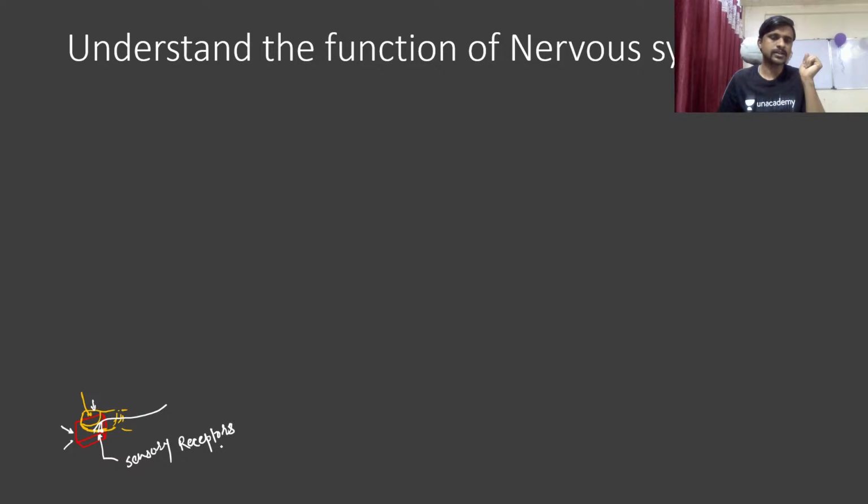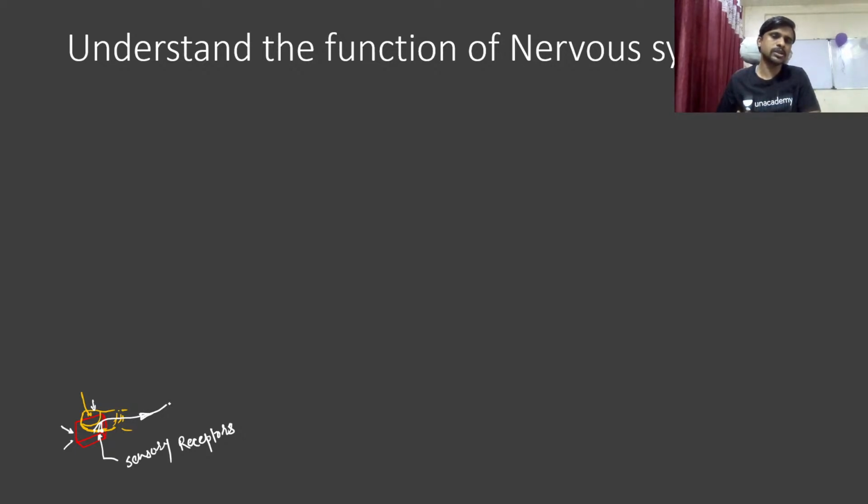These are the sensory receptors, they are just taking a signal from the key. They feel the key and start the signal moving toward your brain. Okay, so now the signal is moving toward your brain.